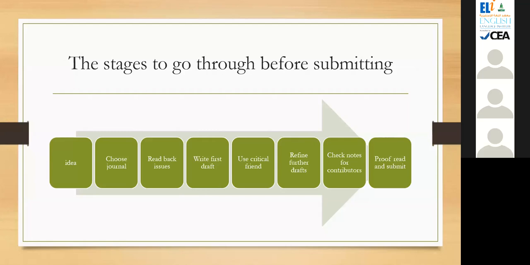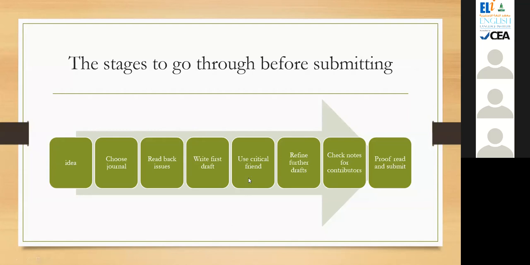You have an idea, then you choose the journal that you want to publish in, and then you read back issues, because you want to follow the rules of this particular journal. And then you write a first draft.